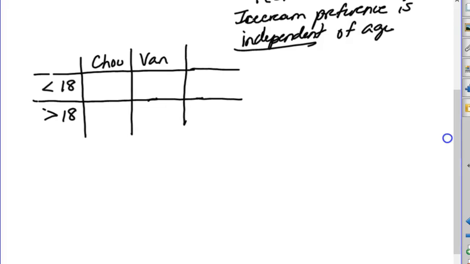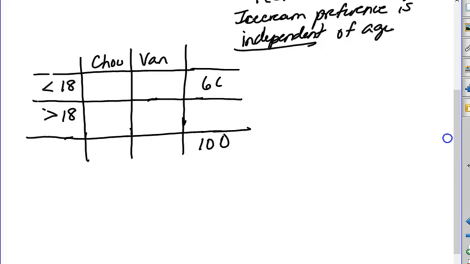We still have 100 people. Let's say 60 are under 18 and 40 are over 18, and that we end up with 50 who like chocolate and 50 who like vanilla.